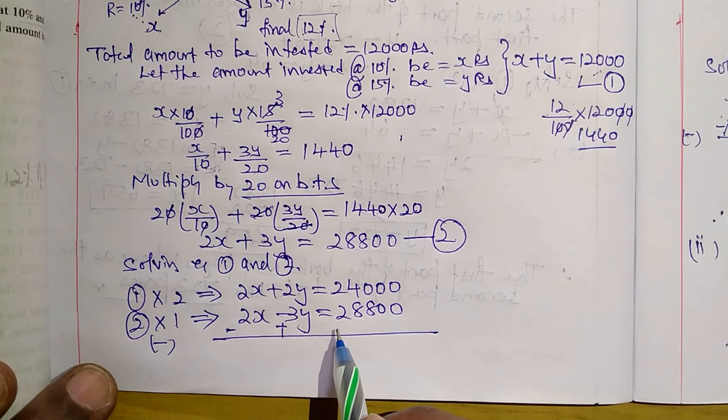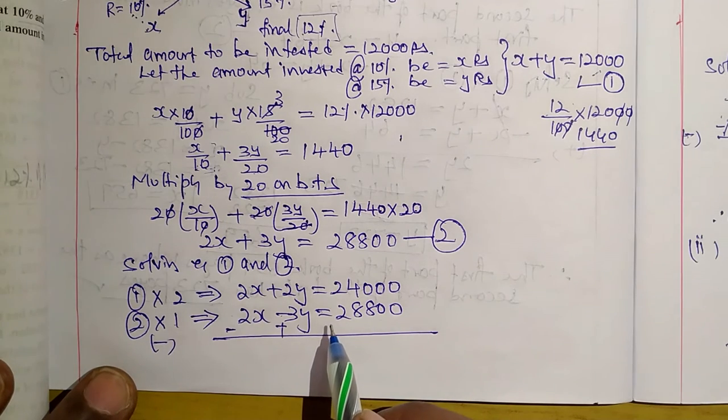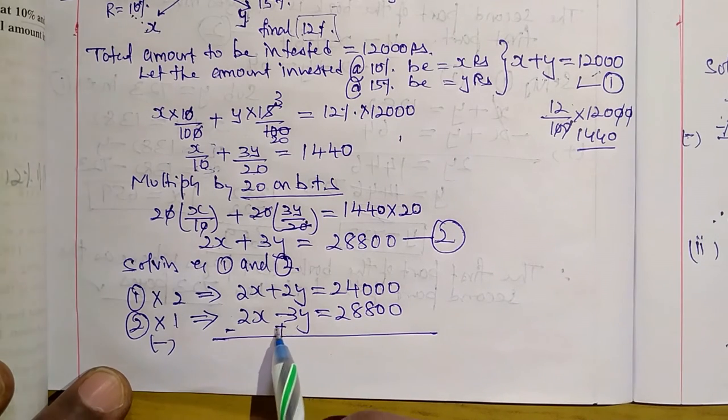When I subtract, x gets cancelled. Here I have written it wrong: equation 2 is 2x plus 3y.